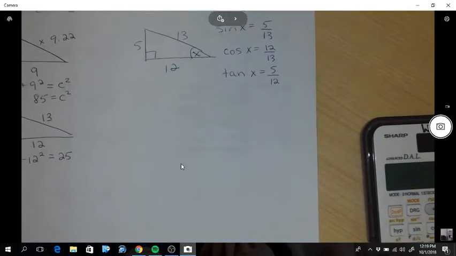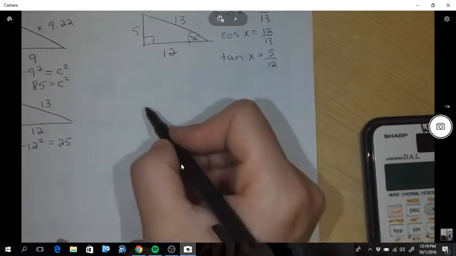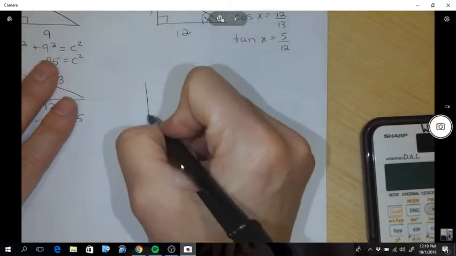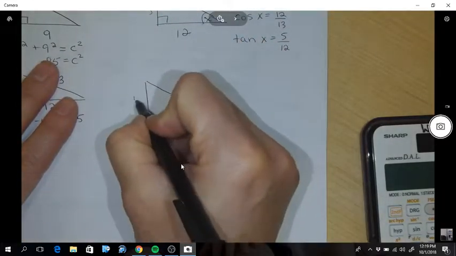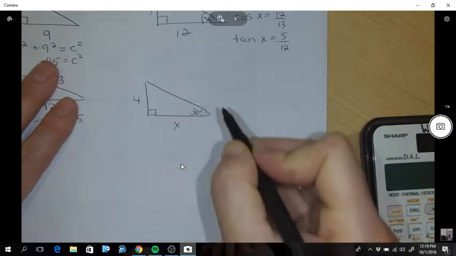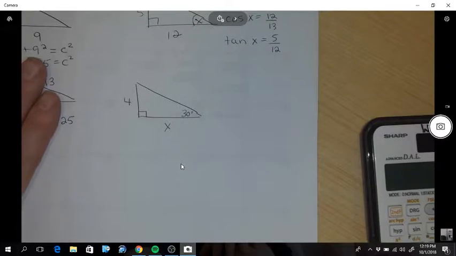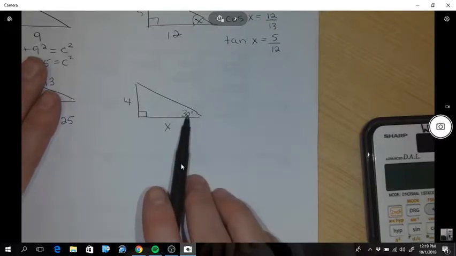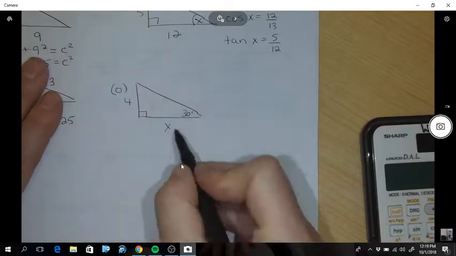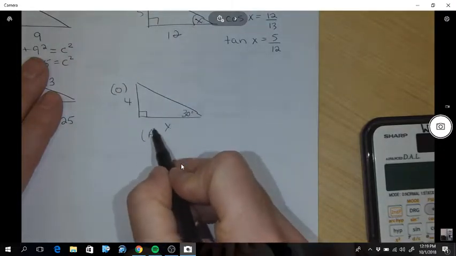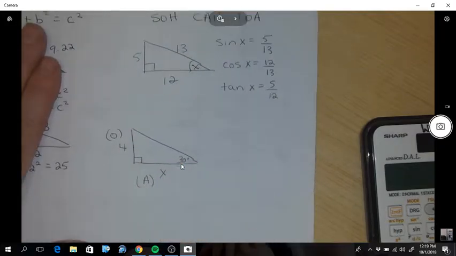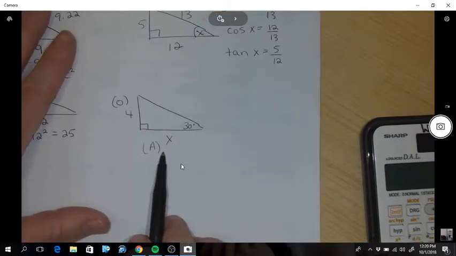Okay, what about solving? What if I give you an example like this? We'll go side length 4, we know that's a right angle, and we know that's angle 30. So I go into my SOHCAHTOA, I'm identifying this as my opposite side, and this is my adjacent side. Picking SOH, CAH, or TOA, I would pick TOA.